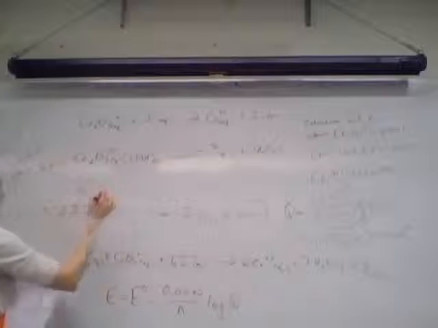So for these two half reactions, again, I'm looking for the dichromate. This is being reduced, so this is going to be at the cathode, so that's the first number that I'm going to pick out. So when I go to find E naught, I'm looking for the reduction potential for this, and that happens to be 1.33 from that reduction potential chart. And then I'm subtracting off the reduction potential for the oxidation reaction at the anode.